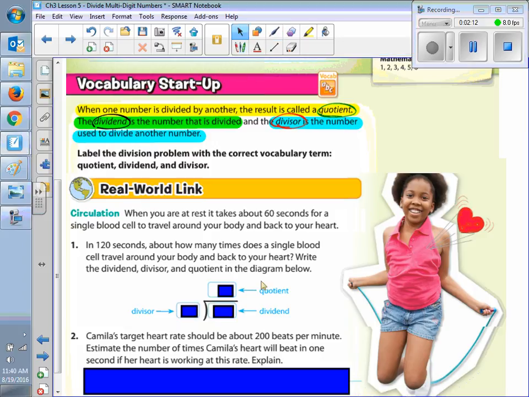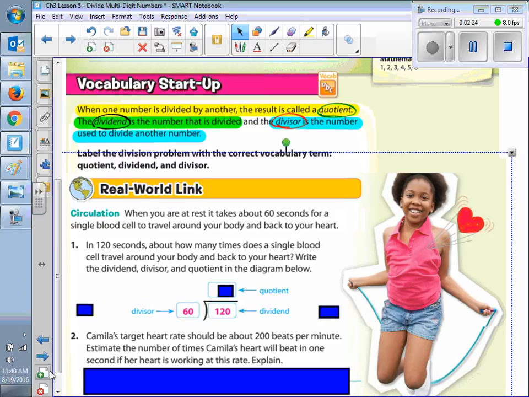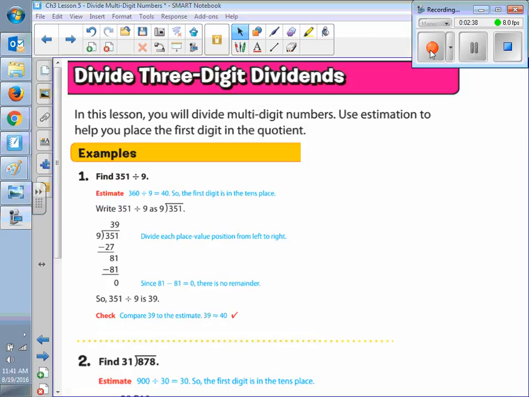Very good. 120 is our dividend. Which number is the one that's being used to divide? 60. Very good. 60 is our divisor. So what's 120 divided by 60? 2. 2, right? And that is the quotient. Is everybody clear? Yes. All right, very good.